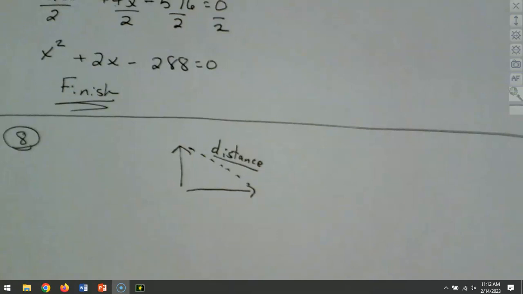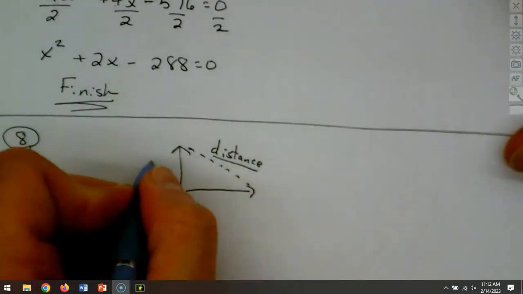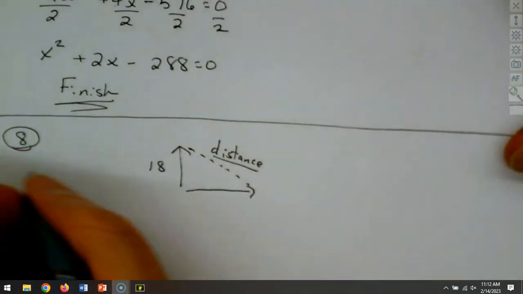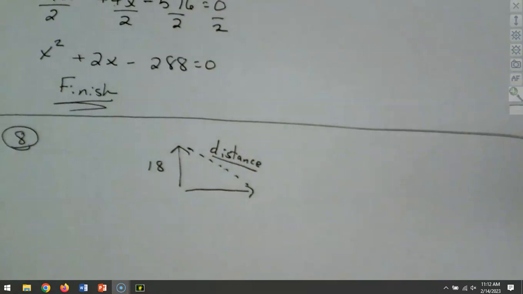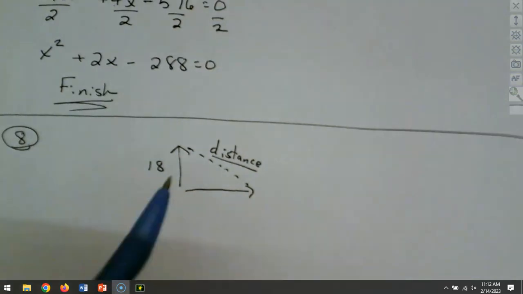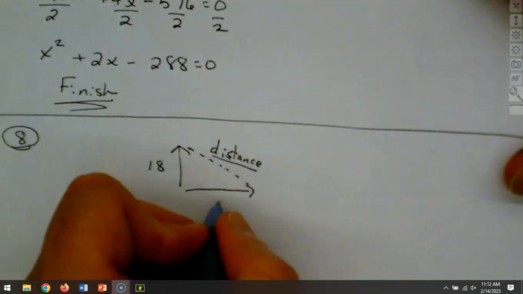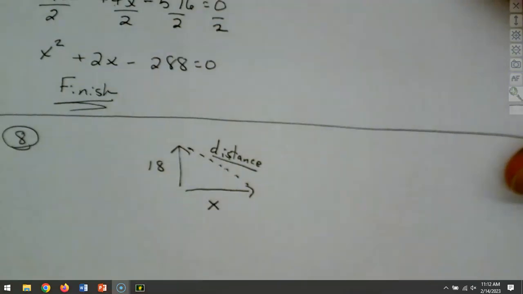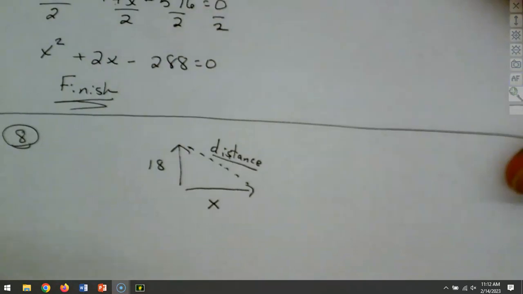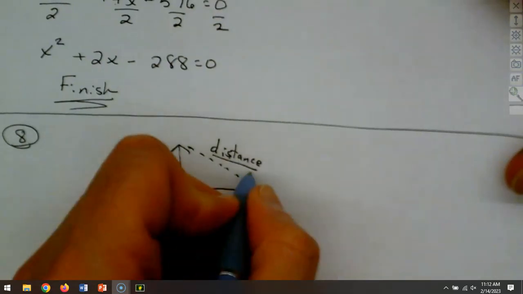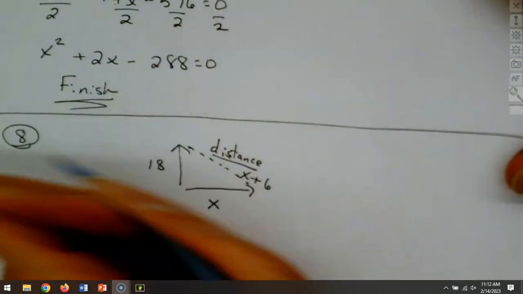When the car traveling north had gone 18 miles, so that means this one is 18. The distance between the cars was 6 more than the distance traveled by the car heading east. So the distance of the east car, we don't know. That's unknown. And the distance between them is 6 more, so that's x plus 6.